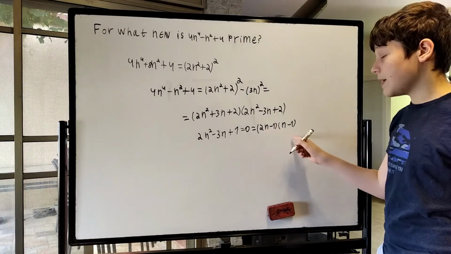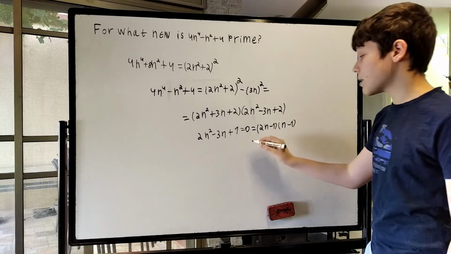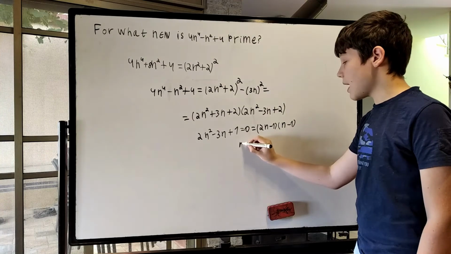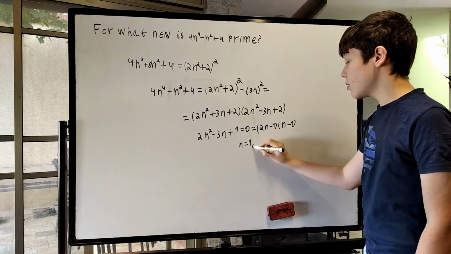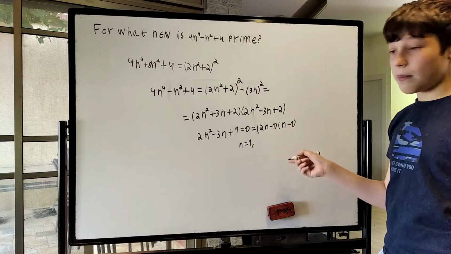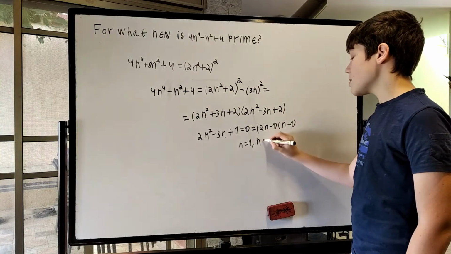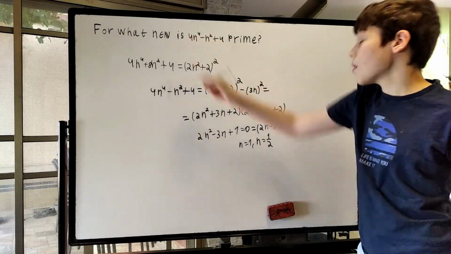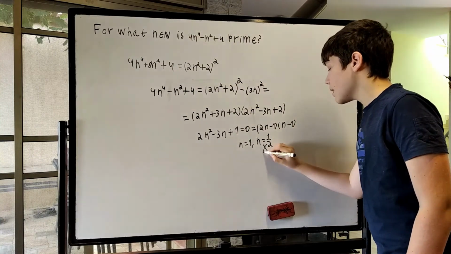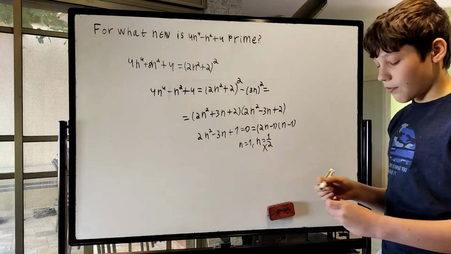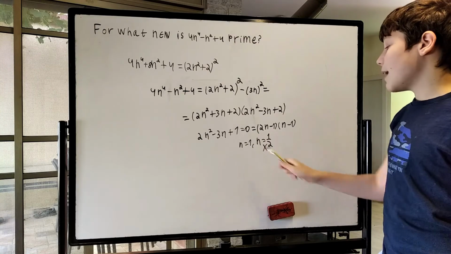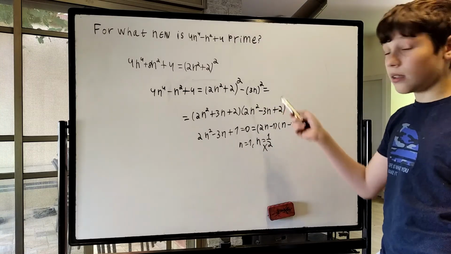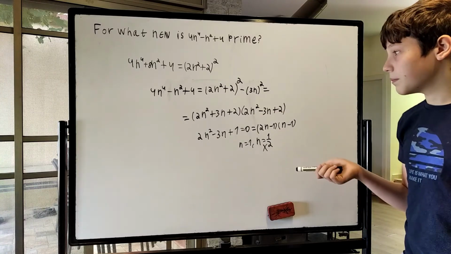Meaning that one of these is 0, because the product is 0. If n minus 1 is 0, then n is equal to 1. If 2n minus 1 is 0, then n is equal to a half. N is a natural number, so this option is ruled out, meaning that only when n is equal to 1 does this expression equal 1.